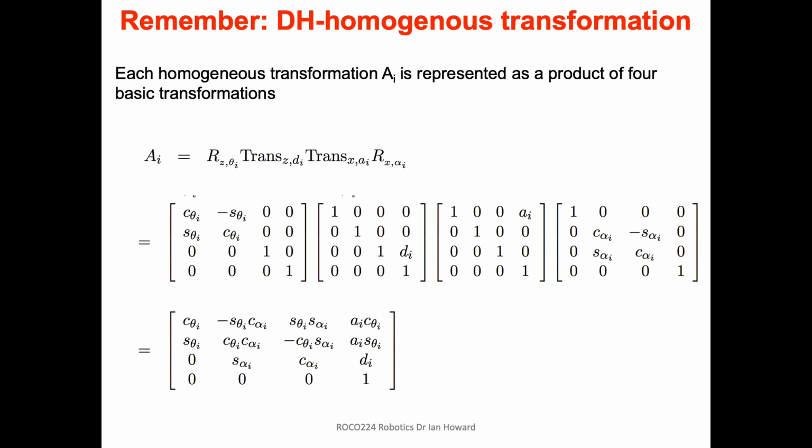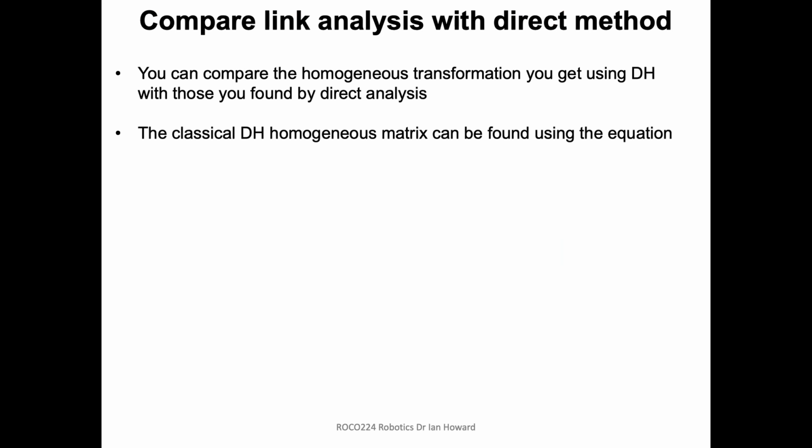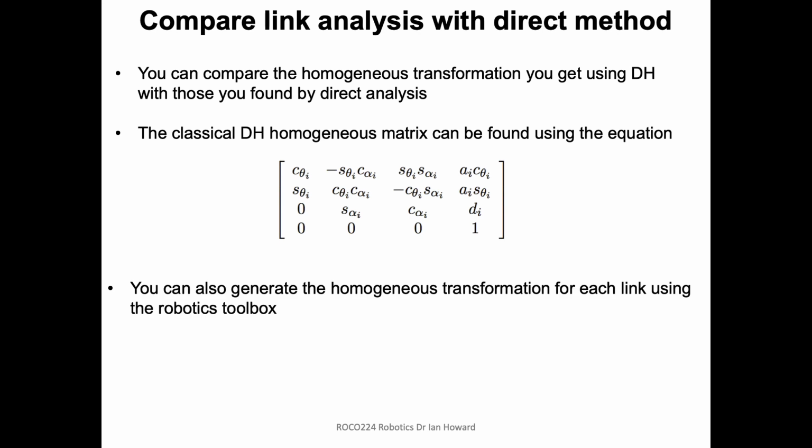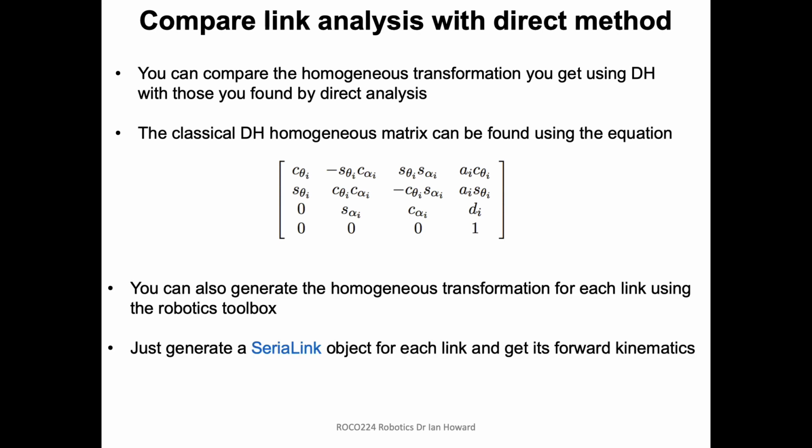So you can directly type things into this formula in order to get the Denavit-Hartenberg homogeneous transformation for a particular link. The idea is that you can then compare what you got directly in the first part by direct analysis to what you got using the matrix like this, but certainly you could also compare it with what you get using Robotics Toolbox, which does most of the work for you. I've already shown you how to do that.